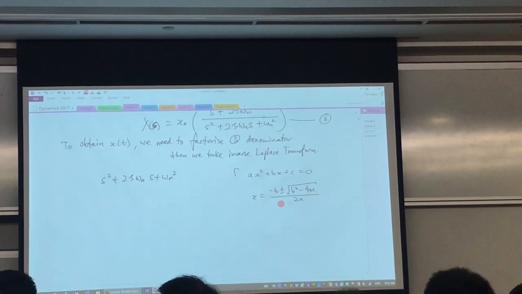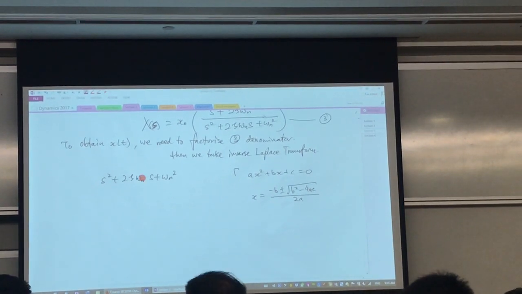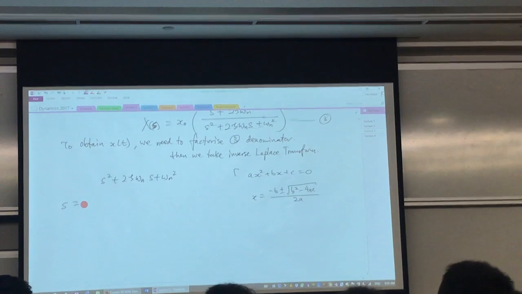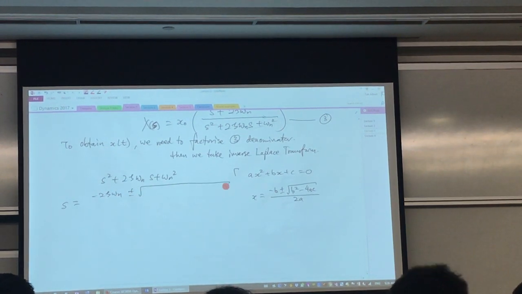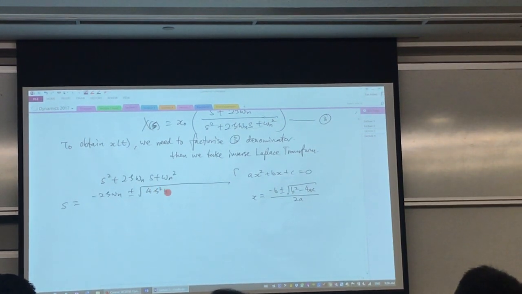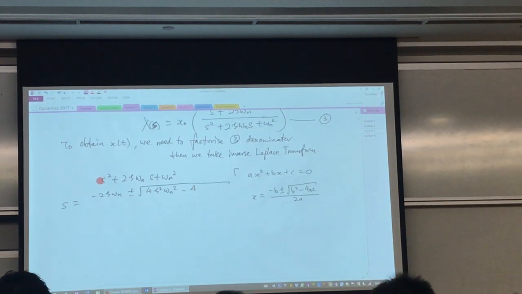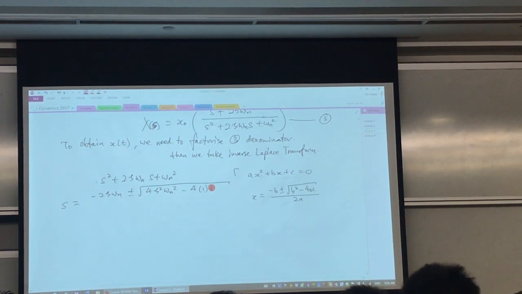If I apply this quadratic formula to this form, my s will be equal to minus b, so minus 2 zeta omega n, plus minus the square root of the discriminant, which becomes 4 zeta squared omega n squared, minus 4a, where a equals 1, and c is omega n squared, divided by 2a, where a is equal to 1.